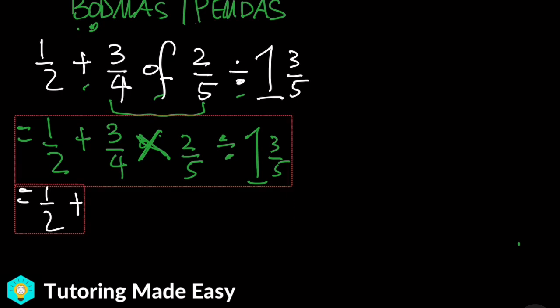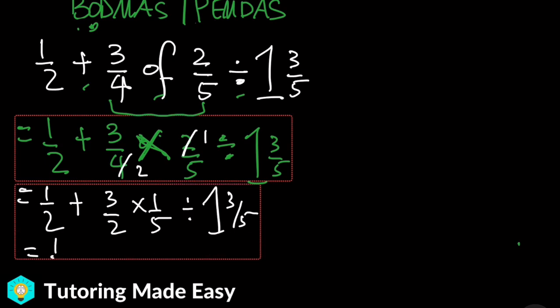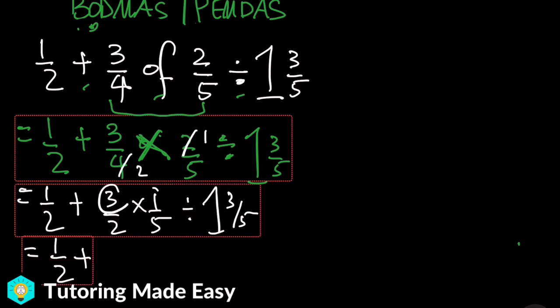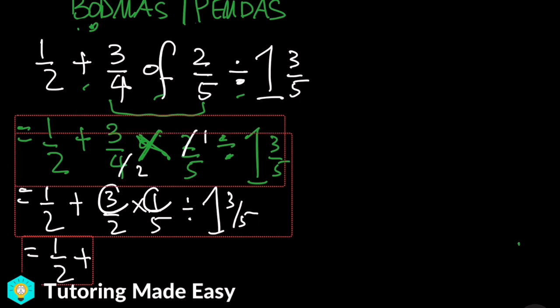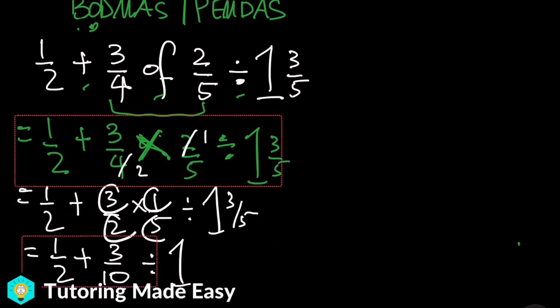If you look at it carefully, this will go here 1, it will go here 2. So you end up getting 3 over 2 times 1 over 5, divided by one whole number 3 over 5. We end up getting 1 over 2 plus this, and this will multiply because there's nothing else to cancel out. That gives us 3, and we get 3 over 10 divided by one whole number 3 over 5.